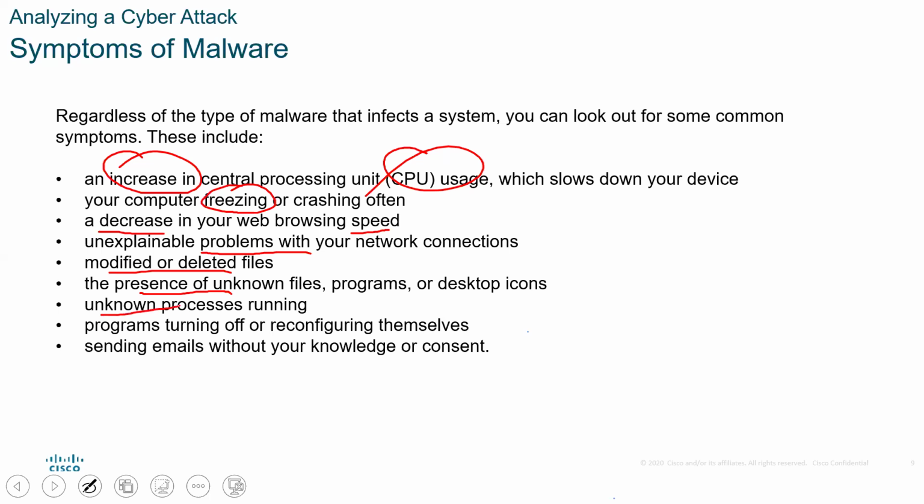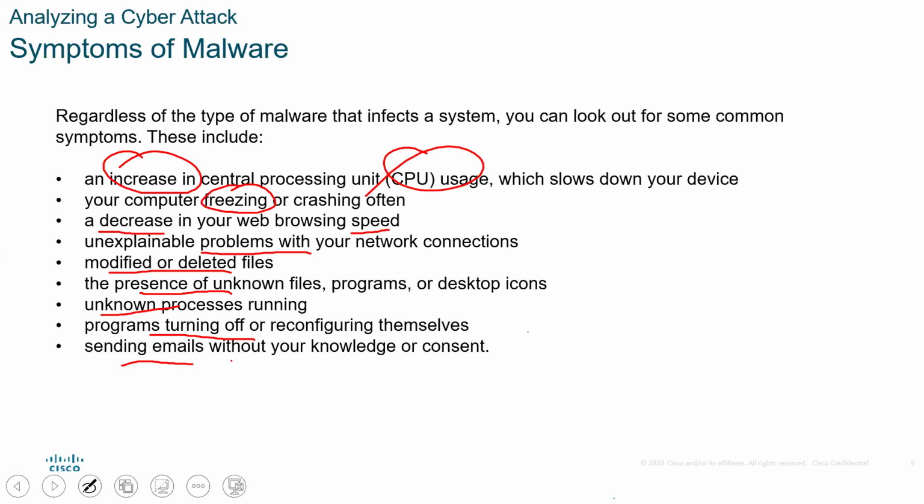The next one is programs turning off or reconfiguring themselves. Maybe you are running a particular program and you discover it just goes off, or your system just reboots by itself, or you discover the system is misbehaving or malfunctioning. That's also a symptom or sign.